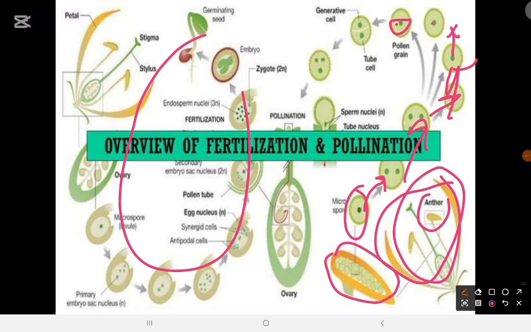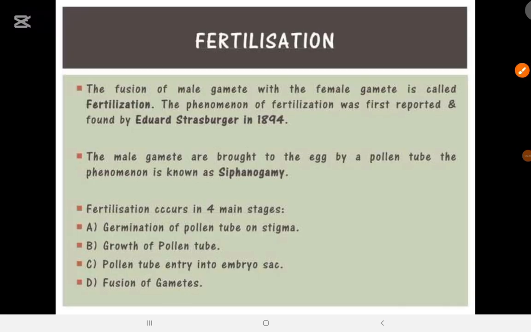So this pollen grain will now divide into two cells, and those two cells inside it are going to be the generative cell and the tube cell. And of course, the tube cell is the one that directs the growth of the pollen tube, like I said, and the generative cell divides into two sperm cells, and these two sperm cells are the ones that are used in fertilization of the ovum.